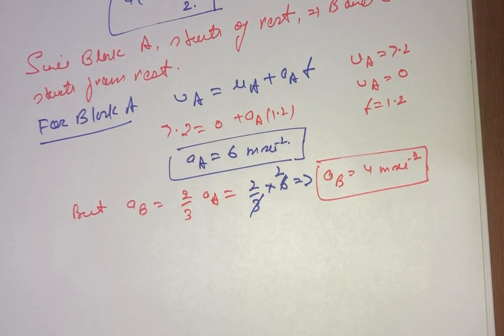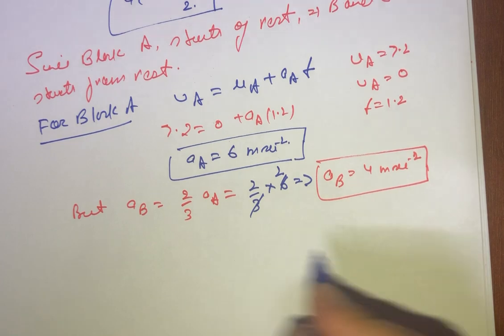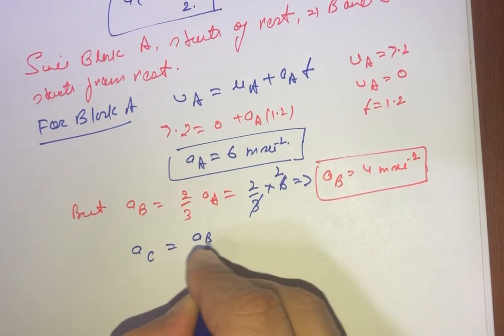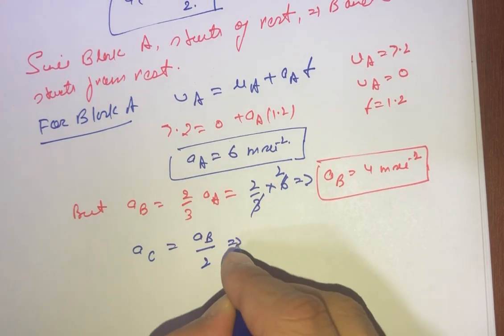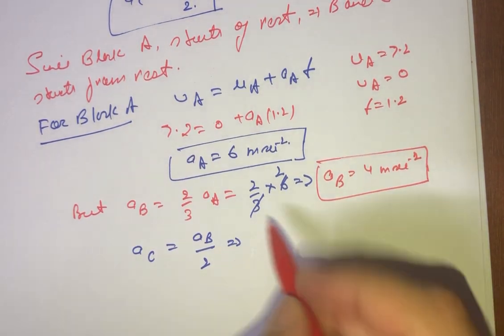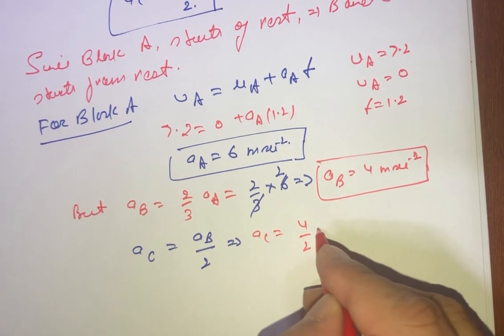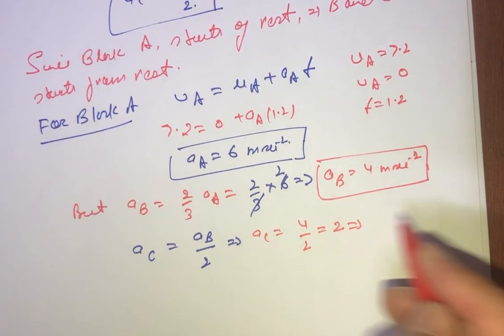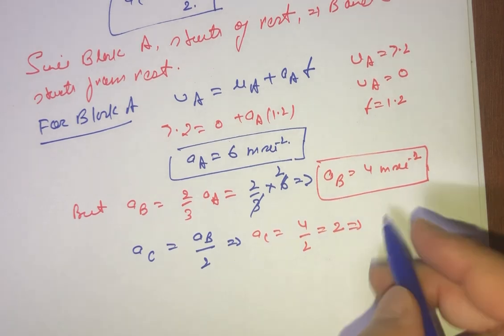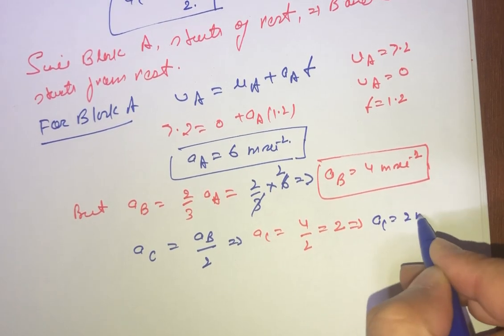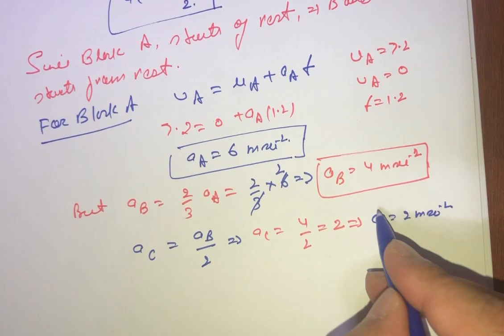And similarly, we also know that acceleration of C is equal to acceleration of B divided by 2. So acceleration of B is 4, so AC will be equal to 4 divided by 2, that is equal to 2. So we can say that acceleration of C is equal to 2 meter per second square.